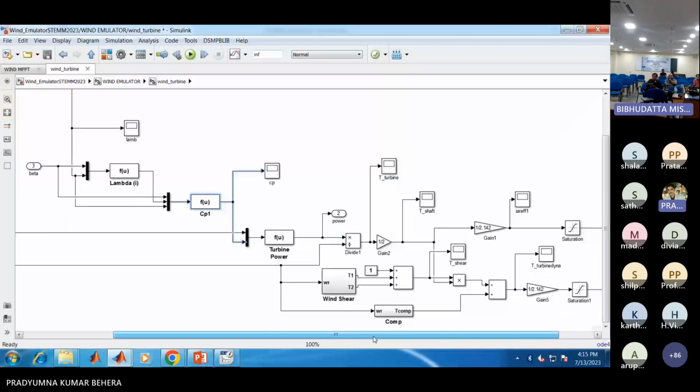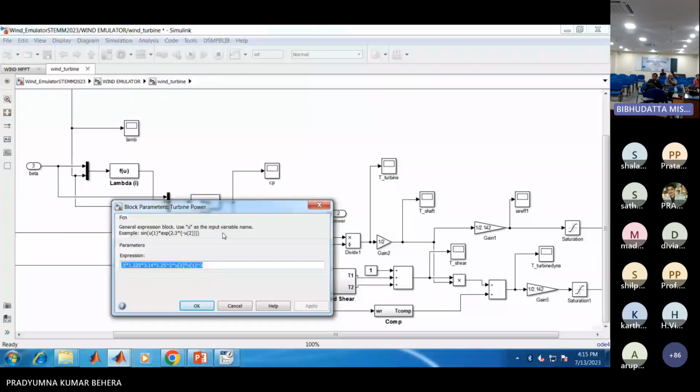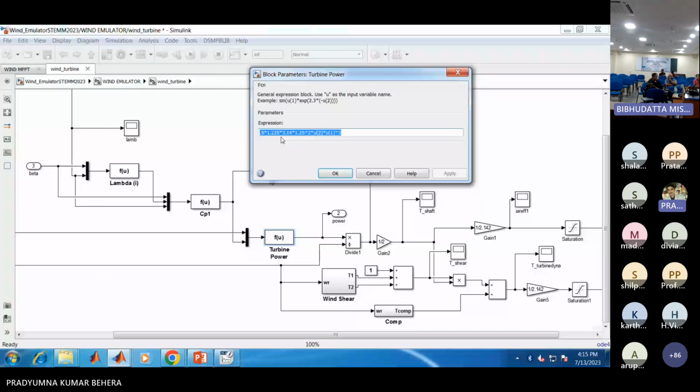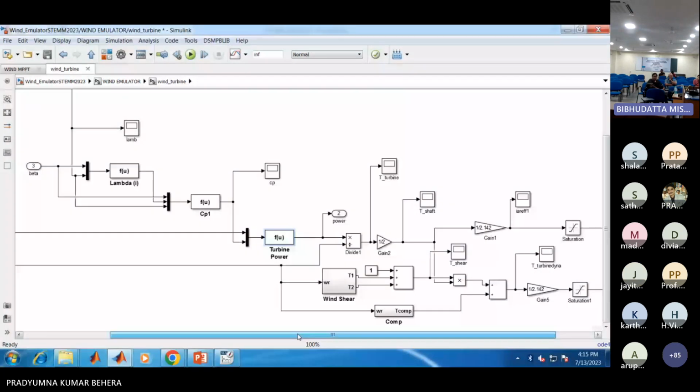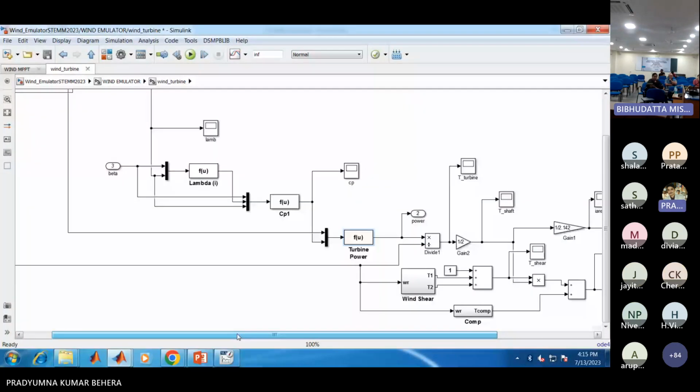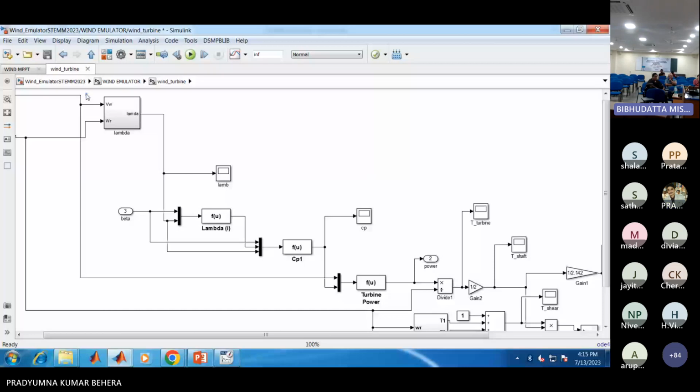In this block, we have represented the power output of the wind turbine, which is half rho into pi r square into Cp into wind speed velocity whole cube. Till this portion, we have implemented all the static characteristics.